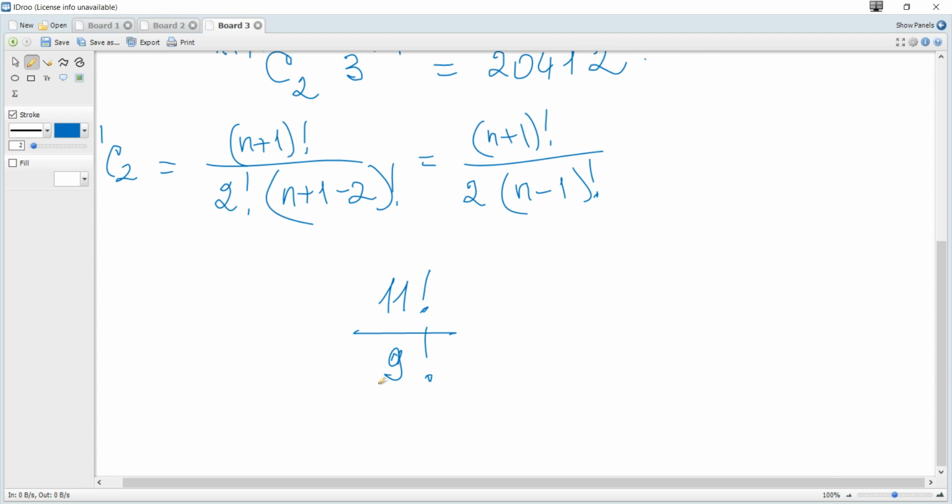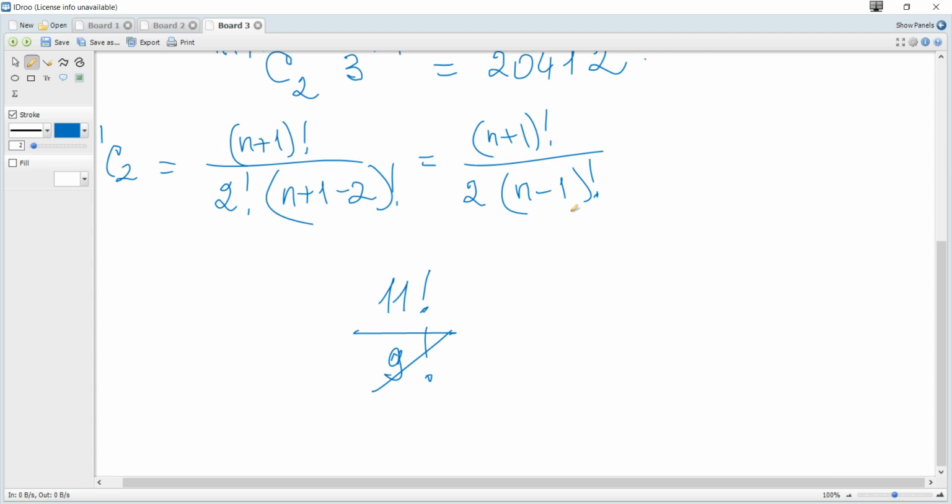9 factorial is the product of all integers from 1 up to 9, and 11 factorial is a product of all integers from 1 up to 11. And you can see that it becomes just 10 times 11. 10 will be just n, and 11 will be n + 1 here.